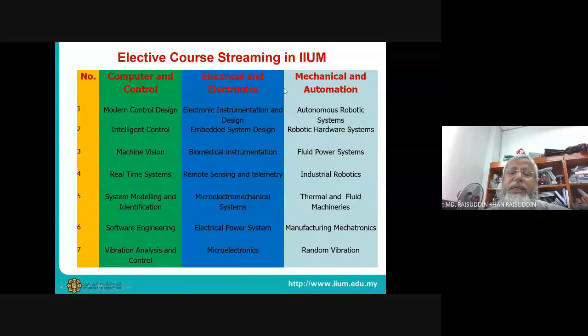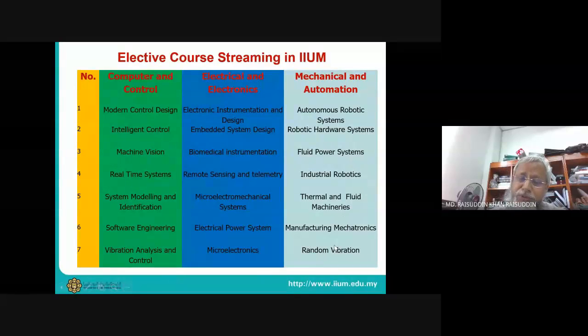Or if you are electrical and electronics, basically who are instrumentation engineers in the companies, you can take courses from here. You can see biomedical instrumentation, remote sensing, electrical power system, microelectronics, and mechanical and automation. Autonomous robotic system, robot hardware, fluid power system, industrial robots, thermal and fluid machinery, and vibration.